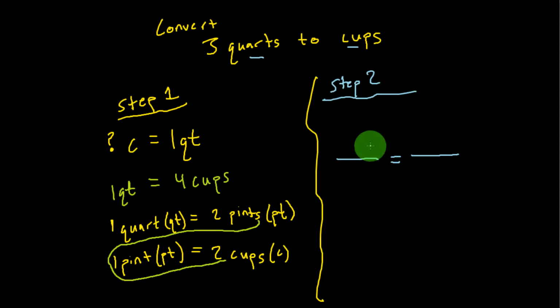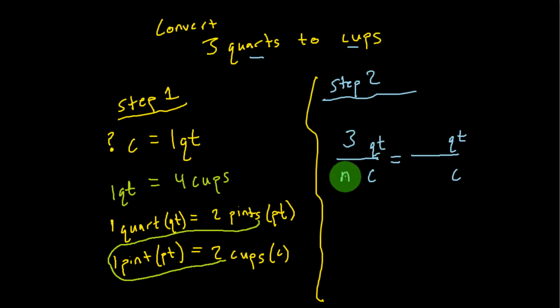So I'm going to set it up with quarts on top and cups on bottom, and the same on the other side. Now all I have to do is match up the corresponding values with their unit measures. So 3 will go on top with the quarts, and I don't know how many cups there are, so let's use the variable n.